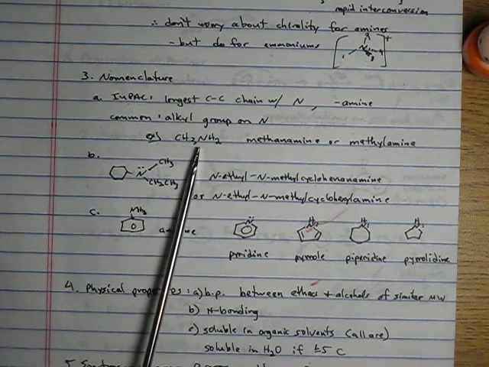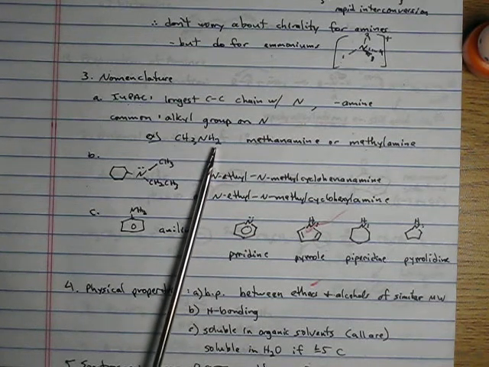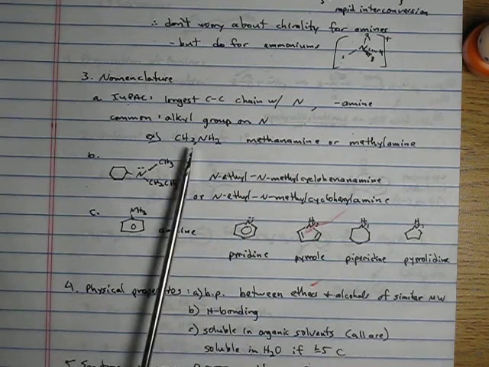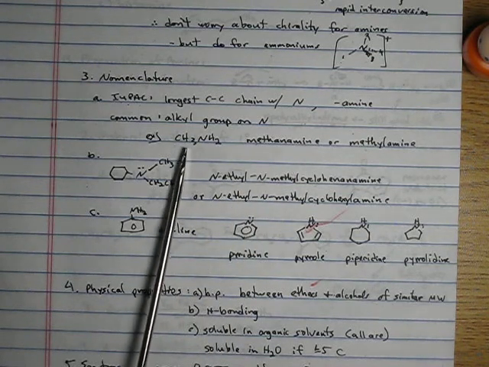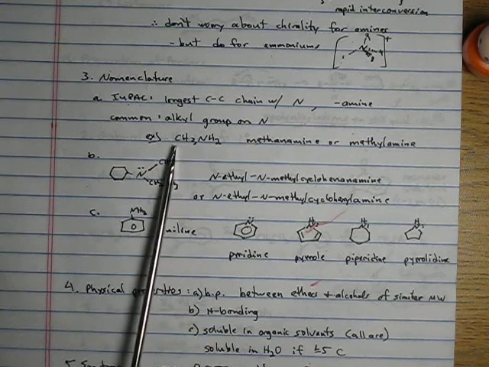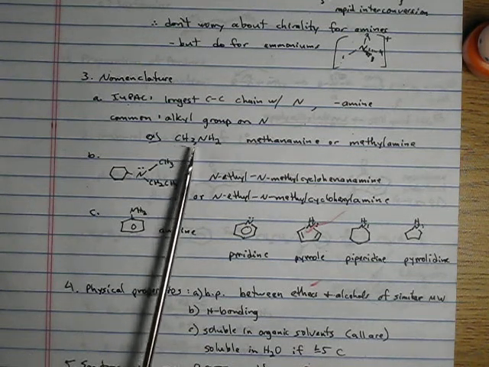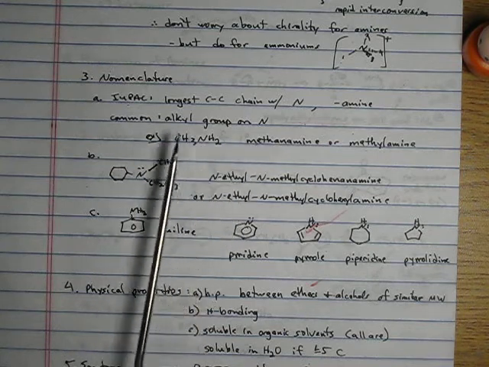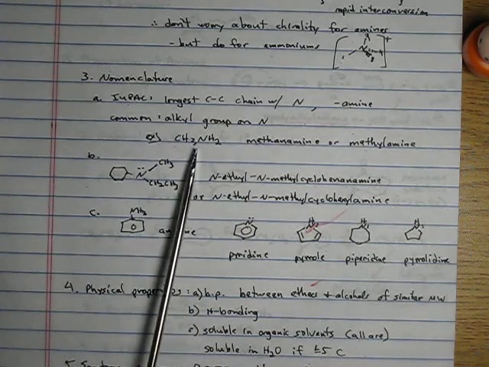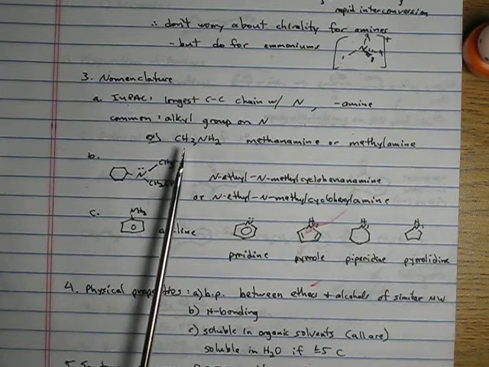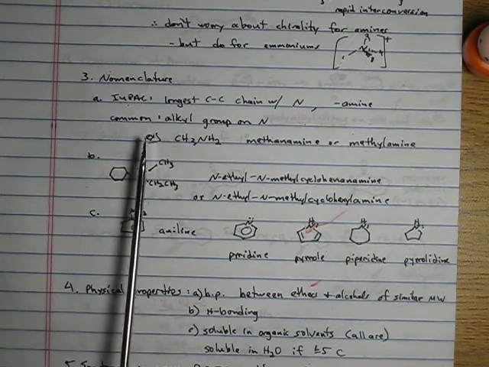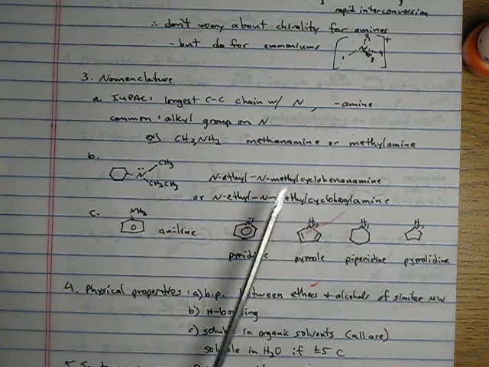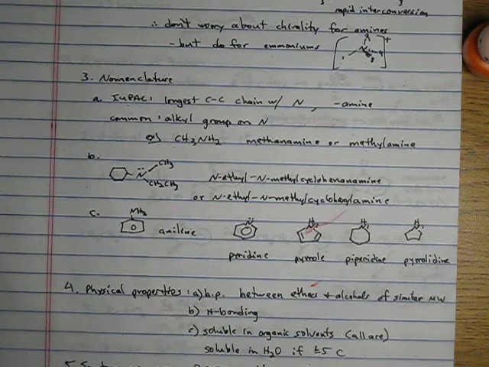So CH3NH2, according to IUPAC, would be methanamine because CH3 is the methane, 1 carbon methane, so it's methanamine. That's IUPAC. The common name, it's like, well, this is the amine, this is a methyl group on the amine, so this is methylamine. Most of the time, for small molecules, we tend to use the common name. Most people call that methylamine.